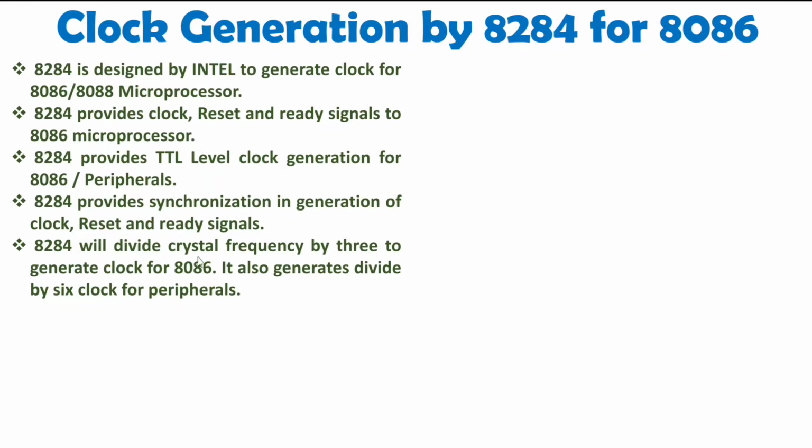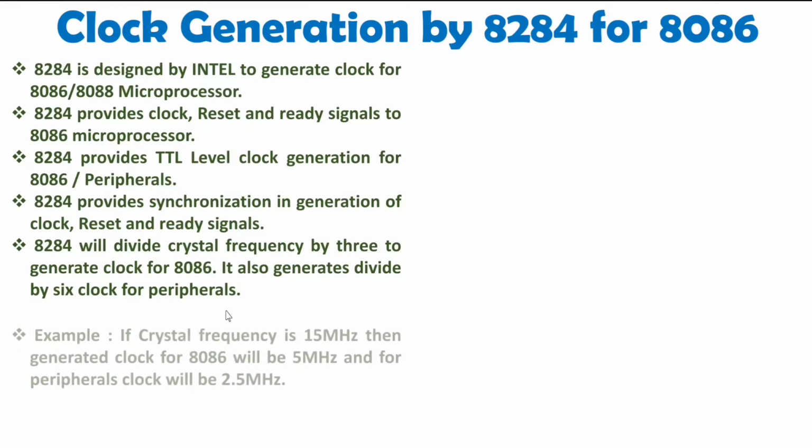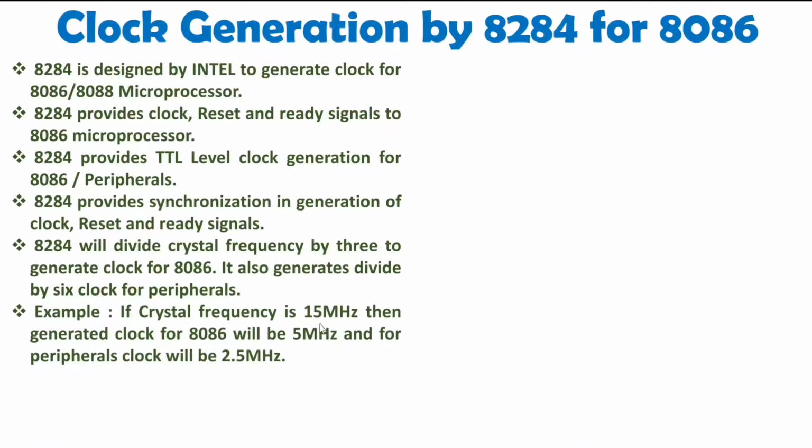The reason is that crystal frequency divided by 3 will be there with 8086 and divided by 6 will be there with peripherals. For example, if we have a crystal frequency of 15 MHz, then the clock generated by 8284 will be 15 by 3, that is 5 MHz, given to 8086, and 15 by 6, that is 2.5 MHz, given to peripherals.